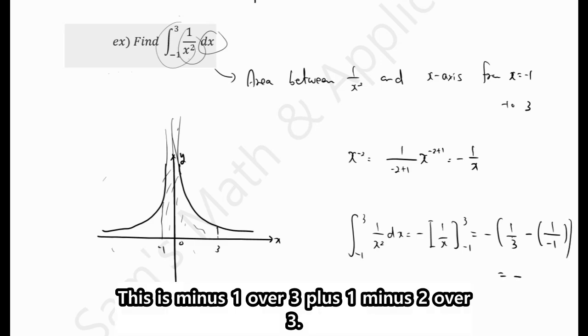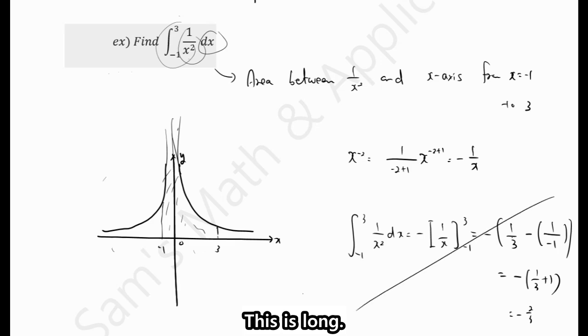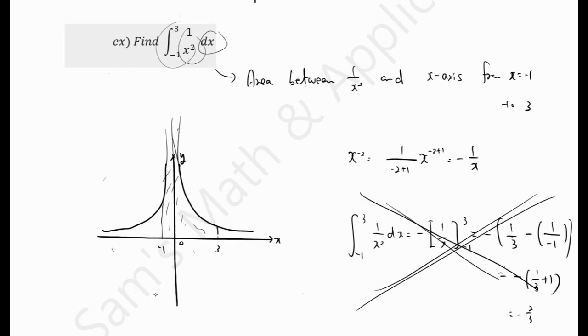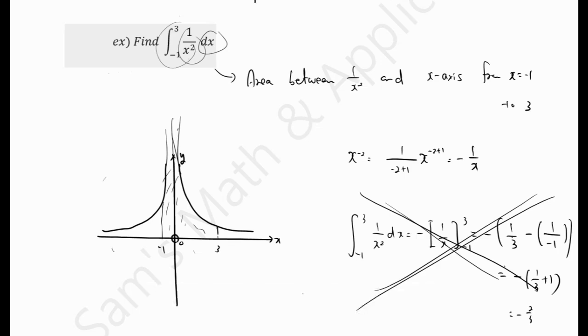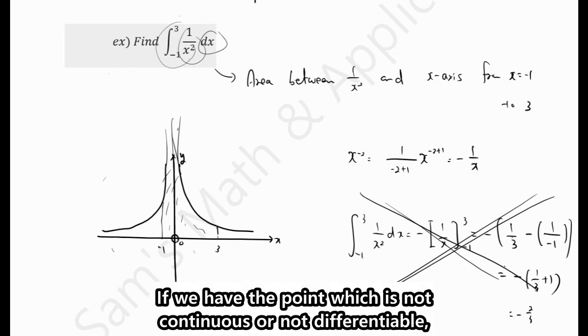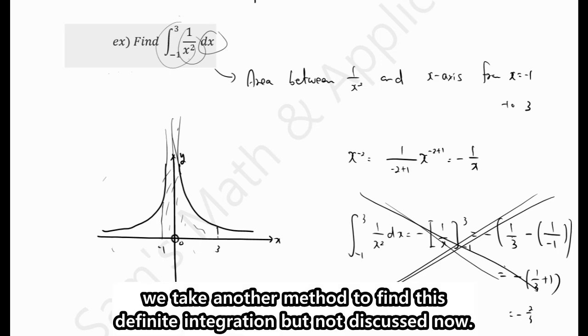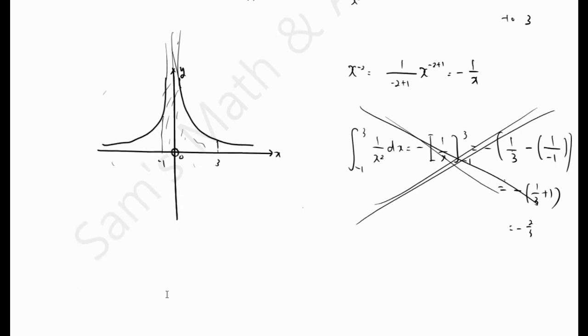This is minus 1 over 3 plus 1, giving minus 2 over 3. This is wrong because we have a discontinuity at x equals 0. If we have a point which is not continuous or not differentiable, we take another method to find this definite integral, but not discussed now. We will discuss this later.